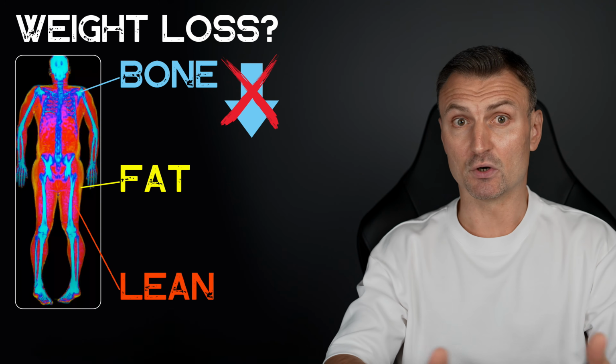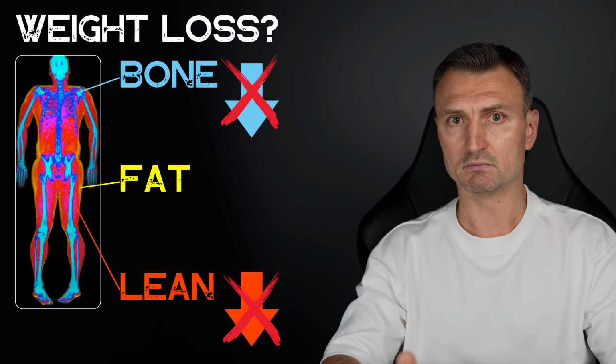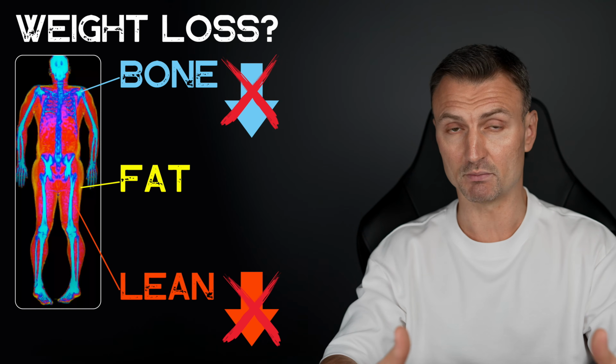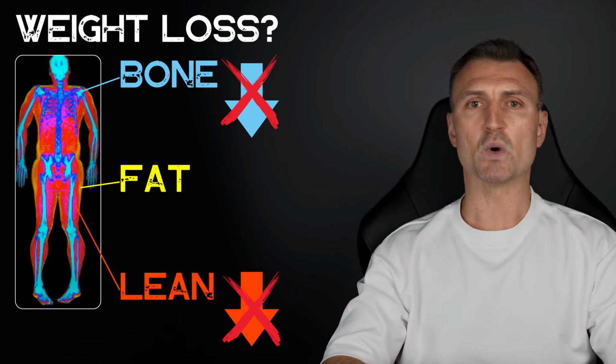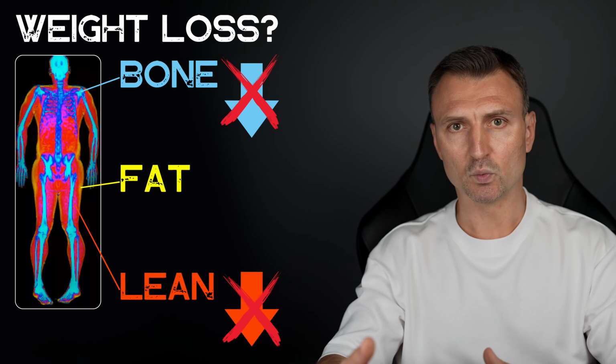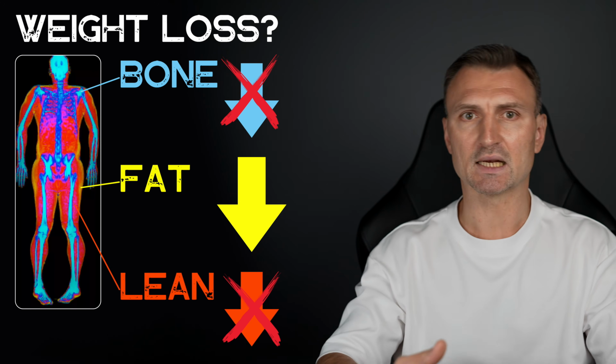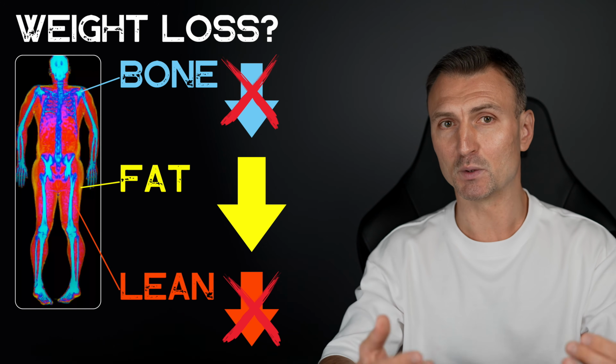At the same time, we're also not implying losing muscle, because muscle is one of the most important longevity organs in our body. So eventually, when we say weight loss, we assume or imply fat loss, which is exactly the tissue whose mass we want to reduce.